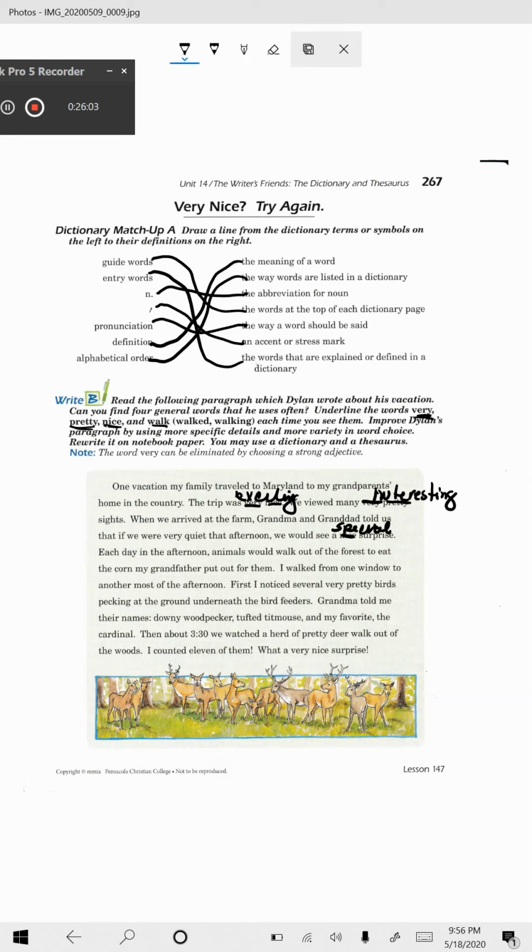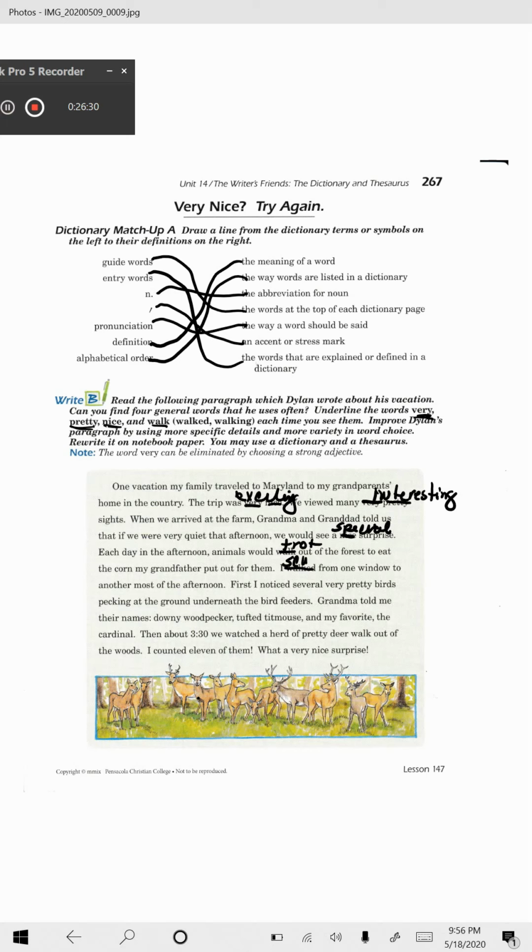Each day in the afternoon, animals would walk out of the forest. How about trot out of the forest to eat the corn my grandfather put out for them. I walked from one window to another most of the afternoon. How about I scurried?